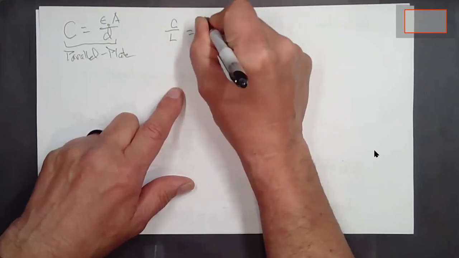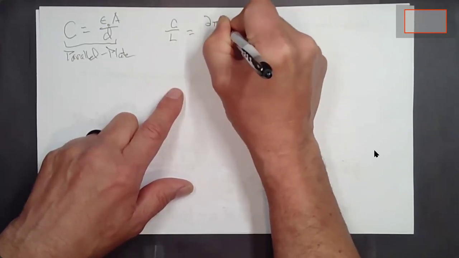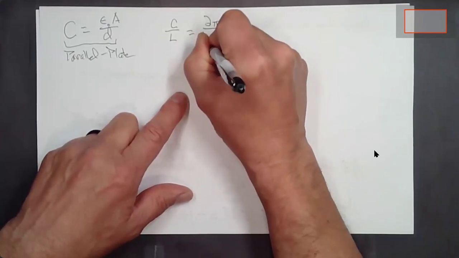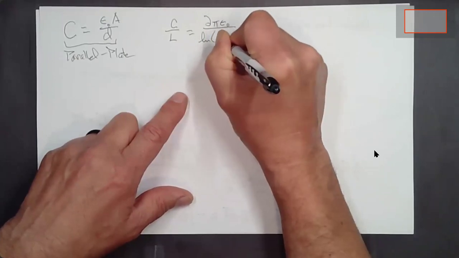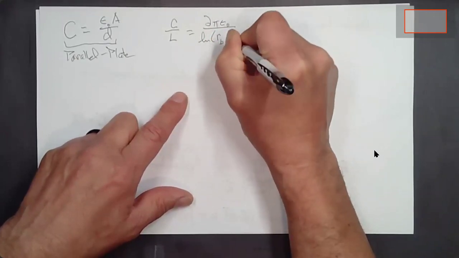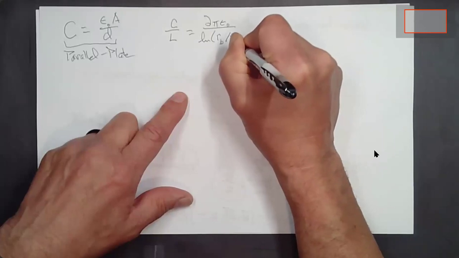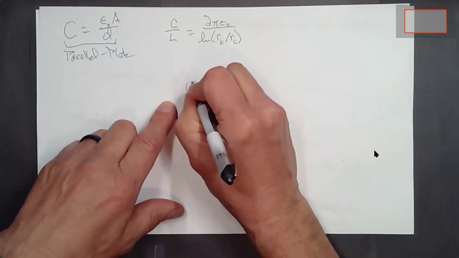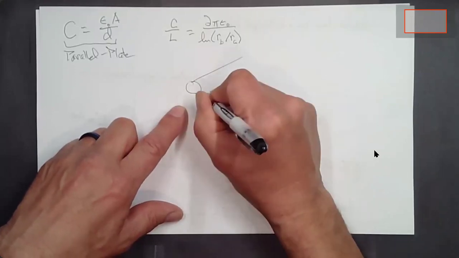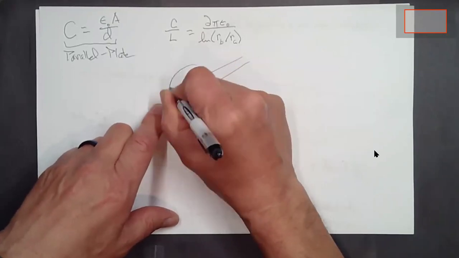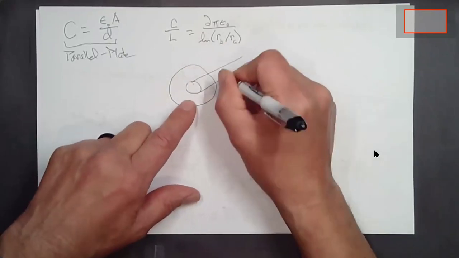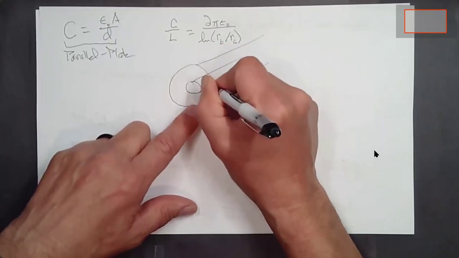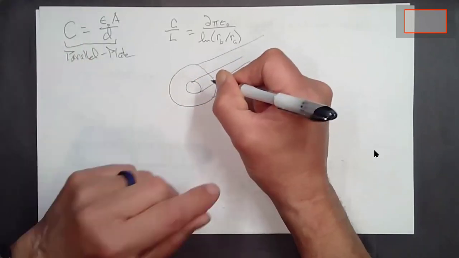And that ends up being 2 pi epsilon naught divided by the natural log of the radii of the charge-bearing surfaces. You could imagine that you have an inner cylinder in a cylindrical capacitor and then an outer cylinder, and you'd have charge of one type on the outer surface, maybe positive, and negative on the interior, or vice versa.